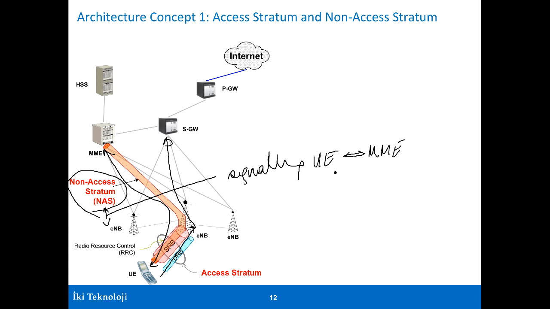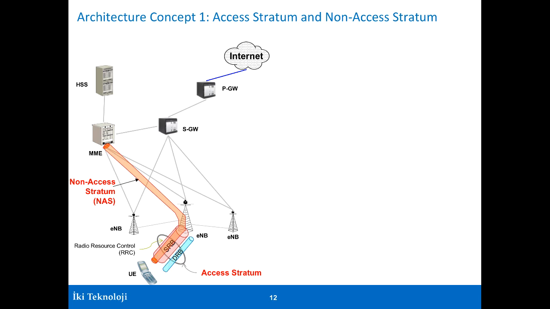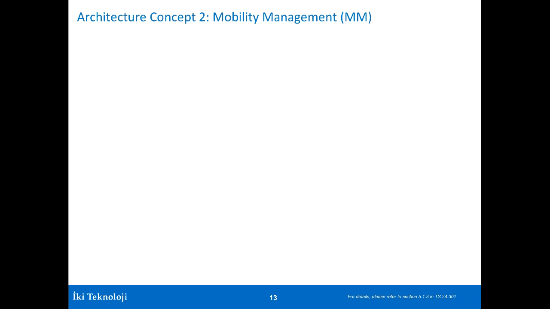So we got this squared away, and you will see this use of the terms AS and NAS quite a bit in the specifications. Another concept that we have used during these slides and in the attach procedure: we talked about two different messages, and we are now trying to provide you the secret as to why there are two separate messages.